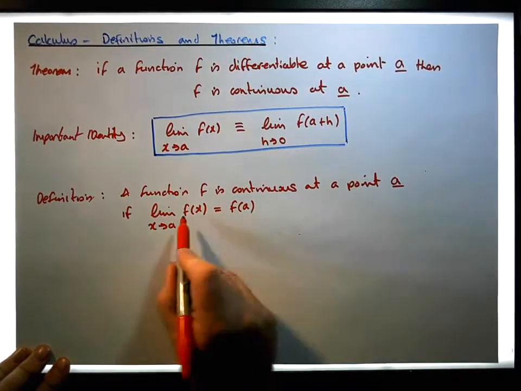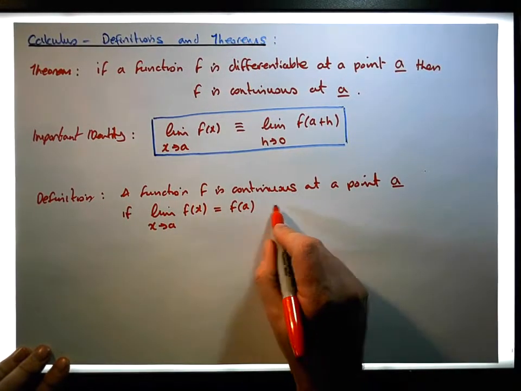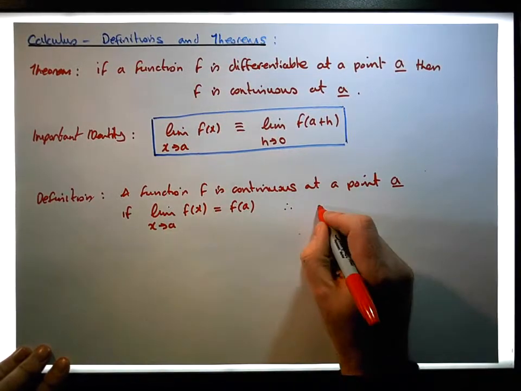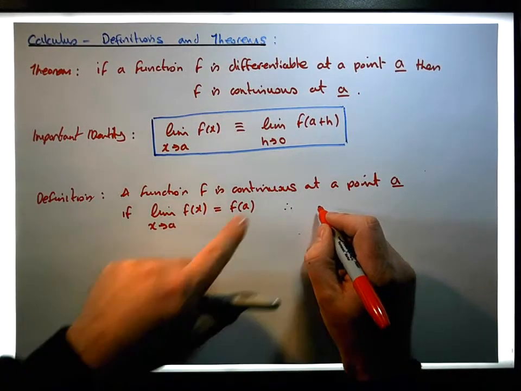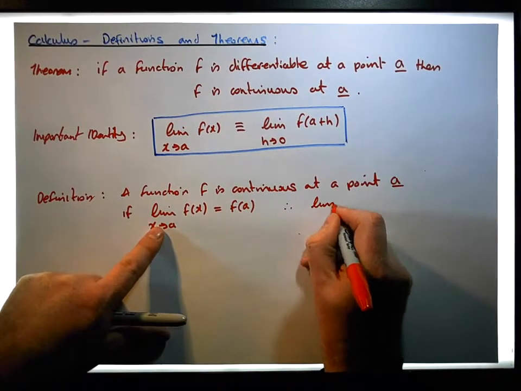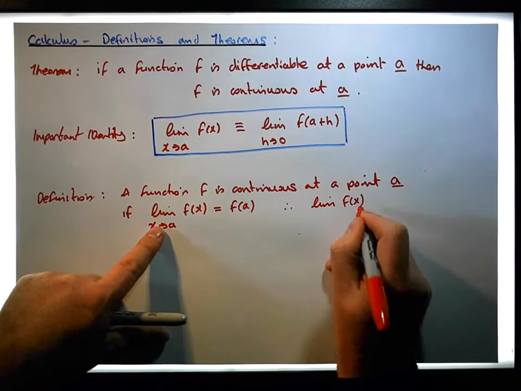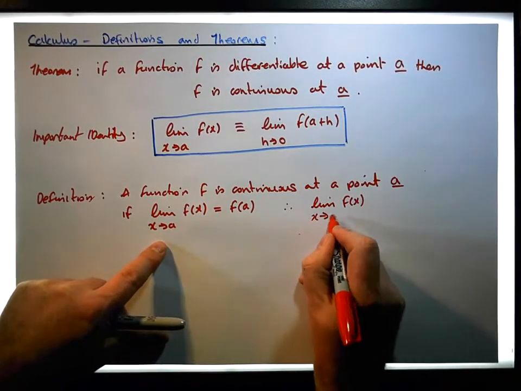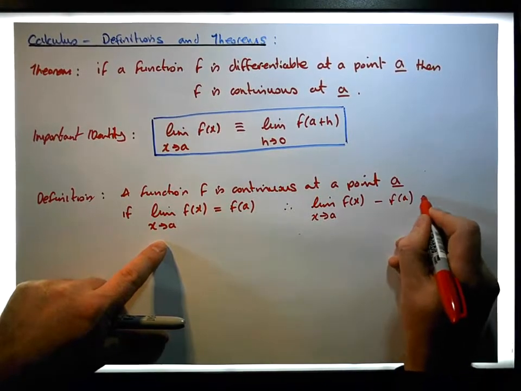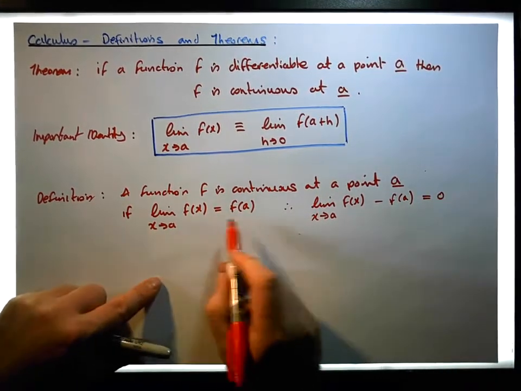But what is this really saying to us? Therefore, if you want to test for continuity at a point, what we need to actually show is that the limit of f of x as x tends to a, minus f of a, equals 0. That's an important fact.